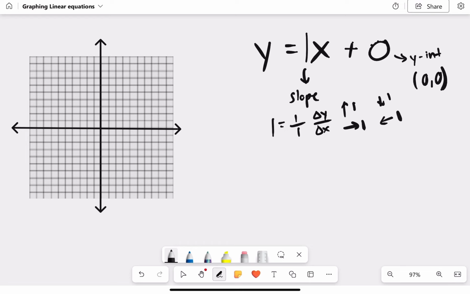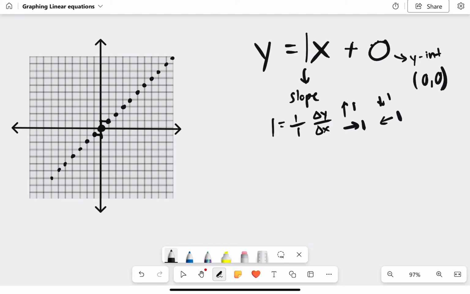So once again, our line is going through the origin, and we know that every time we go up 1, we have to go right 1 as well. And then it's easy to keep plotting. Just keep going up 1, right 1. And now, on the other side, down 1, left 1. And there you go.